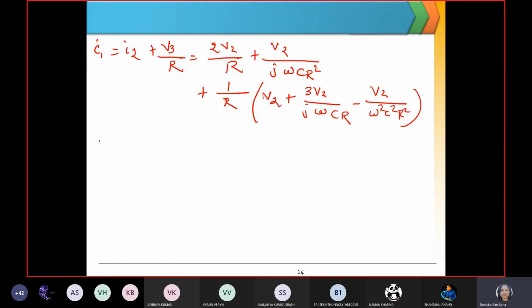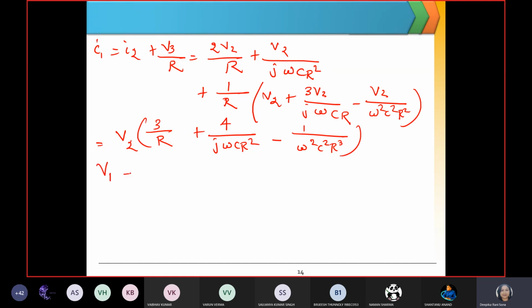Then finally, if you solve, we get the equation for I1 as V2 whole into 3 by R plus 4 by j omega C R square minus 1 by omega square C square R cube.